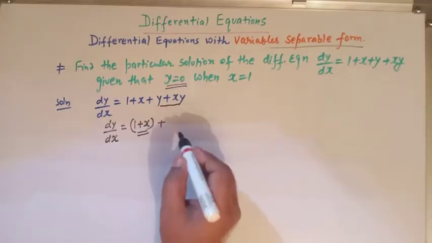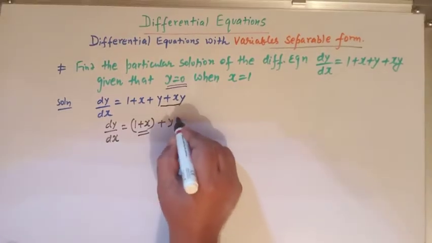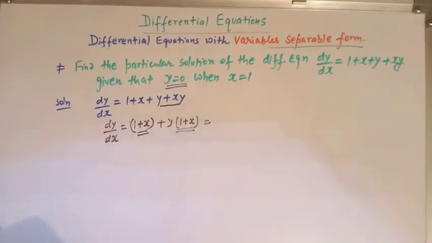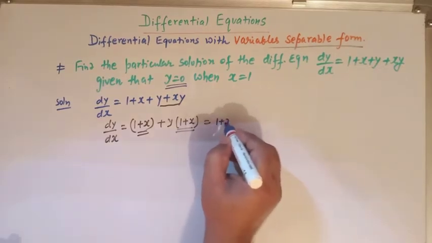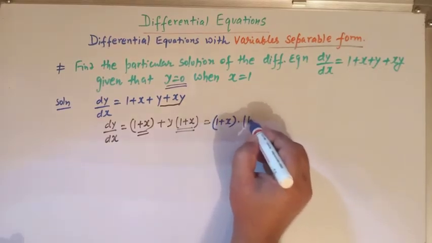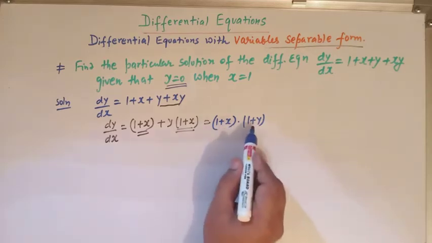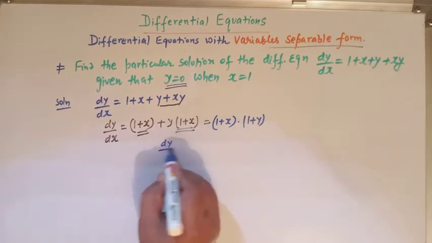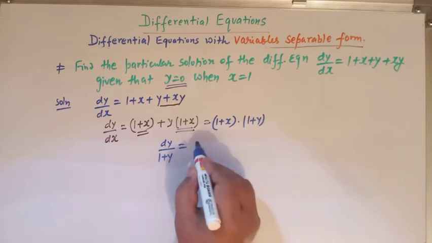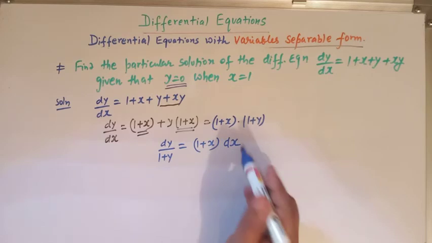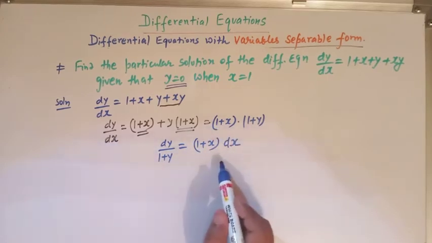We have y times 1 plus x. Now if we take 1 plus x common, then we have 1 plus x times 1 plus y. Now viewers, from here we can separate the variables, and we can write dy over 1 plus y equals 1 plus x dx. Clear? Now we have separated the variables here.